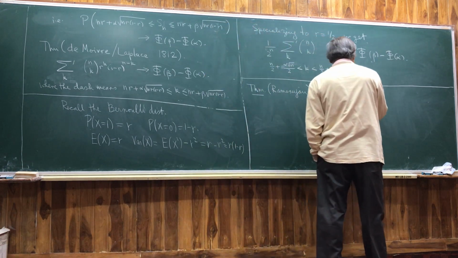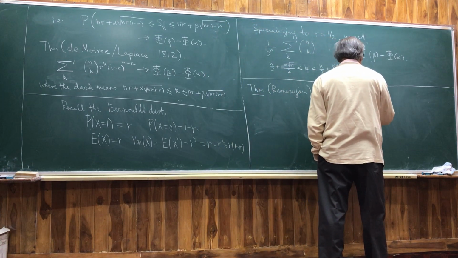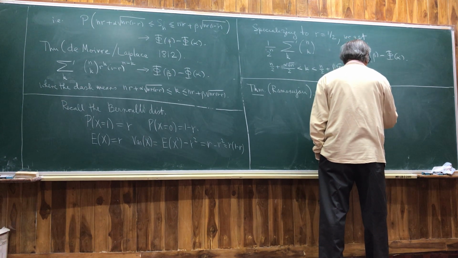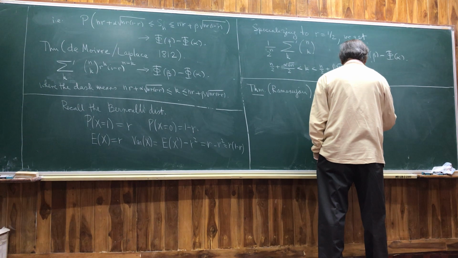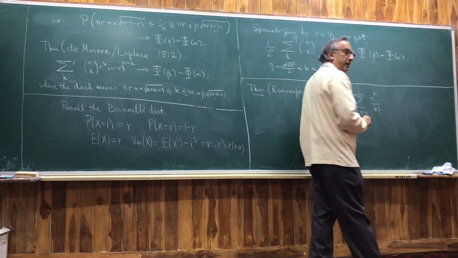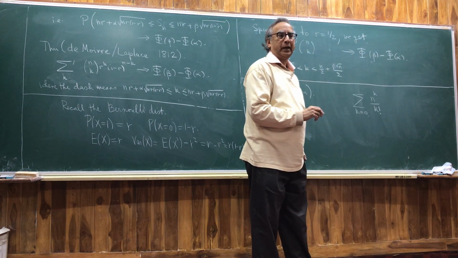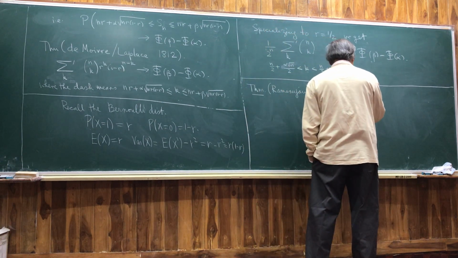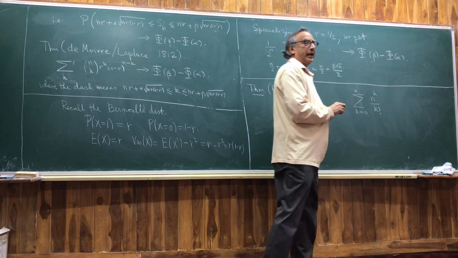If you take the sum of n to the k over k factorial, k going from 0 to infinity, you will get e to the n. But let's take only k going from 0 to n.